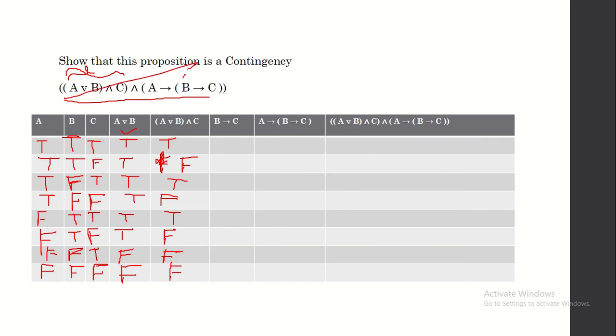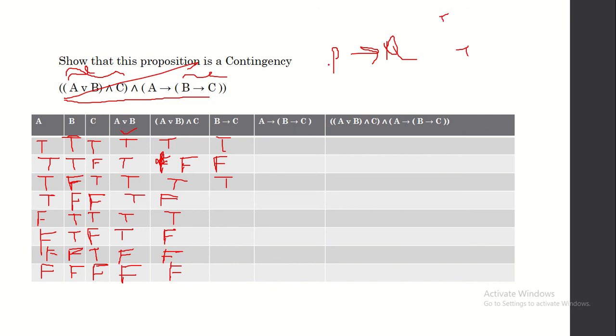Now we are done with these parts. Now let's compute B implies C. As B and C both are true, this is true. After that, C is false, so this is false. B is false, so this will be true. As we know, if P implies Q, then when P is false, the output will be true. If P and Q both are true, then the output will also be true.